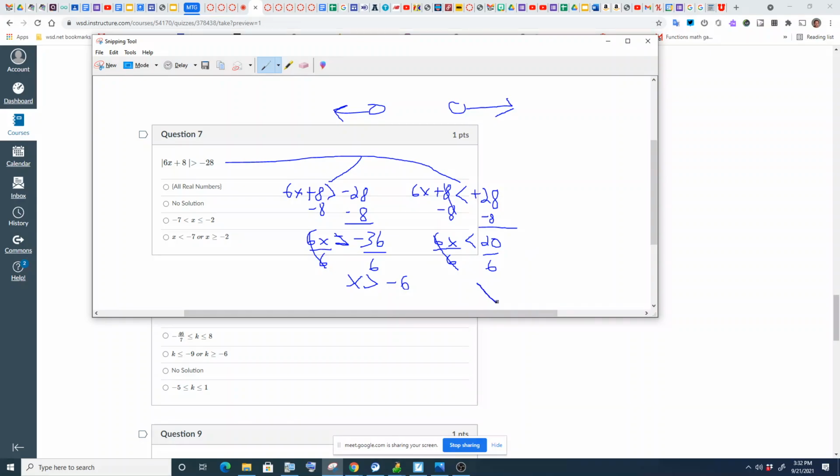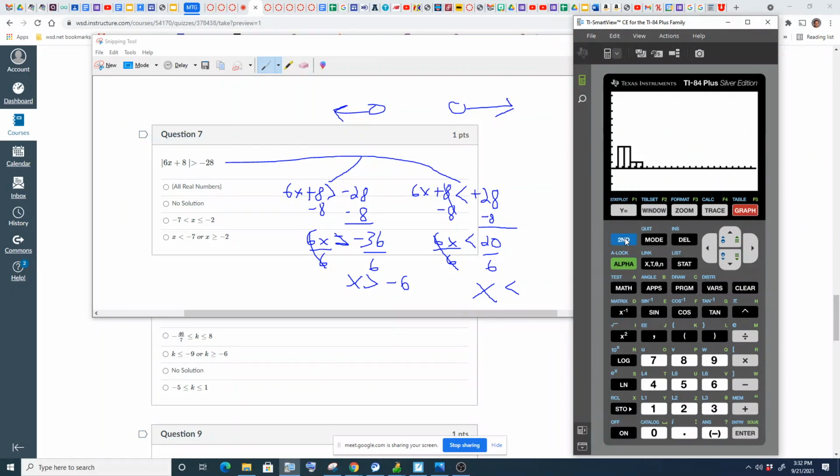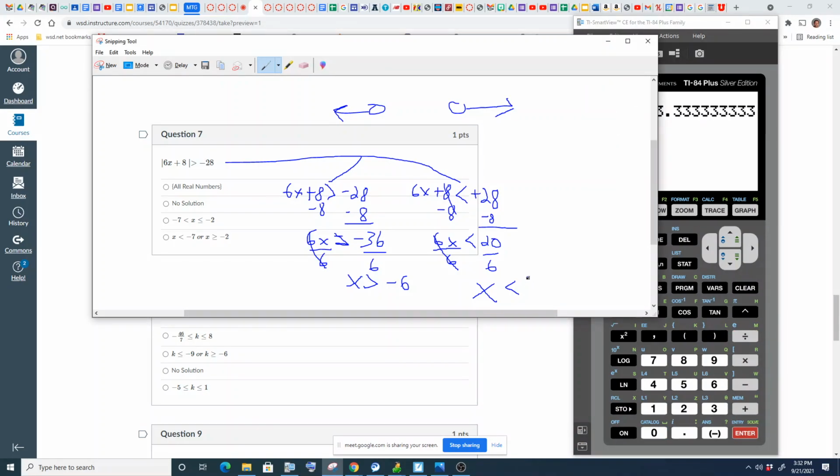So maybe like 3 point something. In fact, we can use a calculator there. So we're going to go ahead and do 20 divided by 6. Yeah, 3.3. So 3.33333.